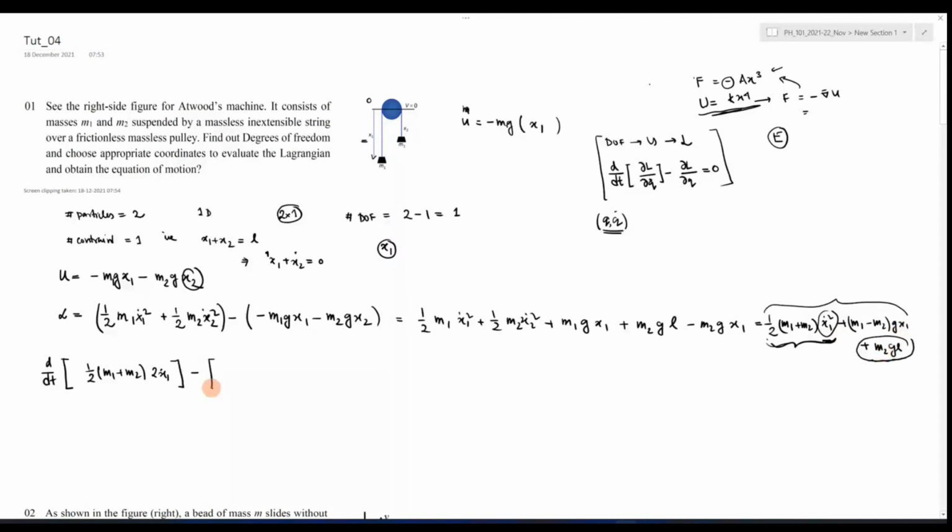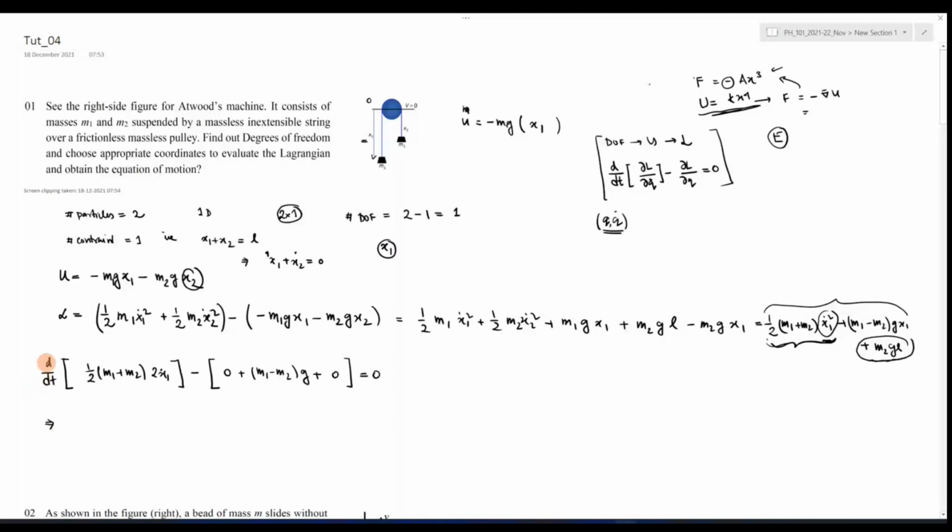Next, dL by dq, which is dL by dx1 now. The first term is not having x1, so it will contribute 0. The second term is having it, so it will contribute plus (m1 minus m2) g. The third term again is not having x1, so it will give 0. That is why our final equation of motion will be this.